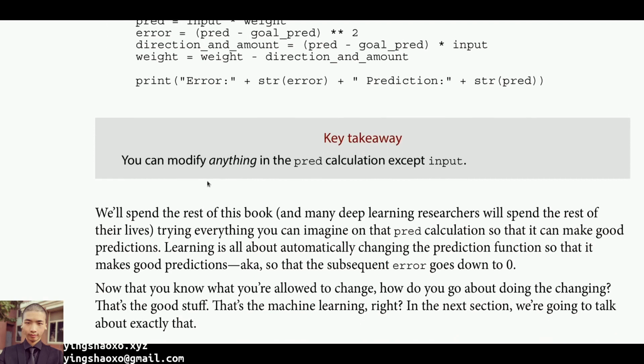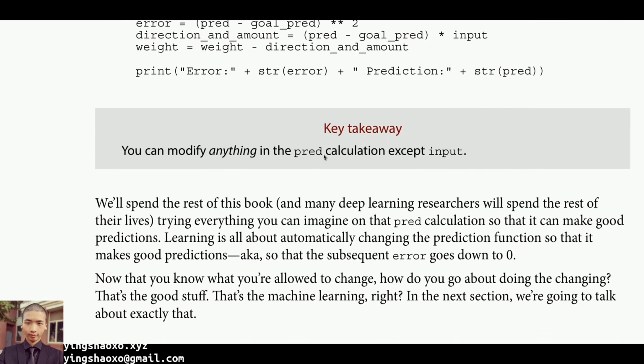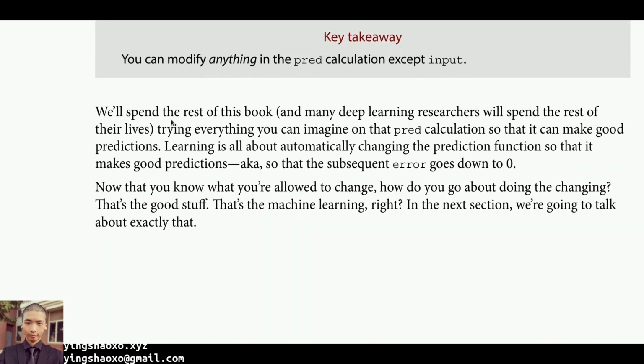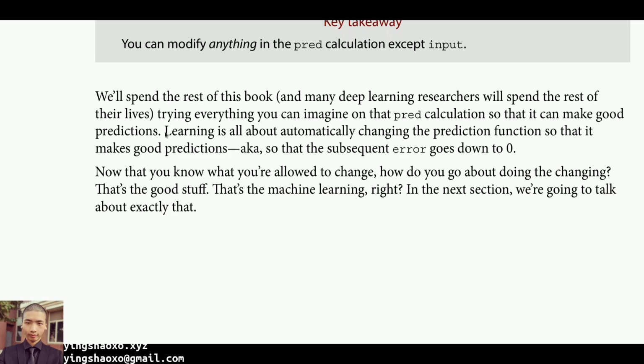Key takeaway: you can modify anything in the prediction calculation except the input. We'll spend the rest of the book, and many deep learning researchers will spend the rest of their lives, trying everything you can imagine on that prediction calculation so that it can make good predictions.